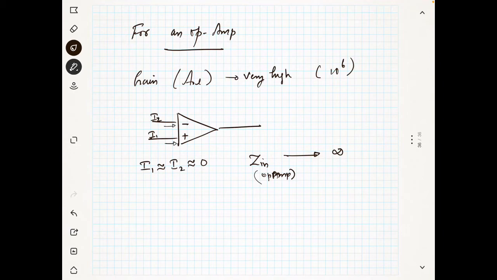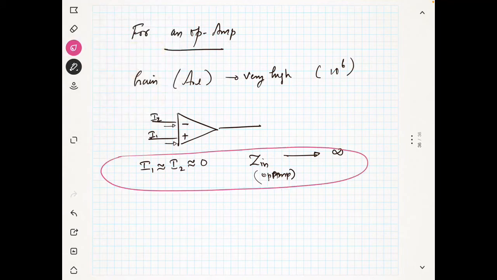For our analysis, we will use this assumption to simplify our circuit analysis. It's very, very important. So the input current is approximately 0, and the open loop voltage gain is very high.